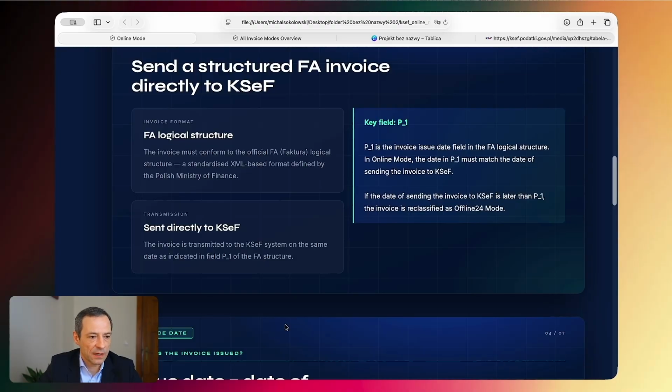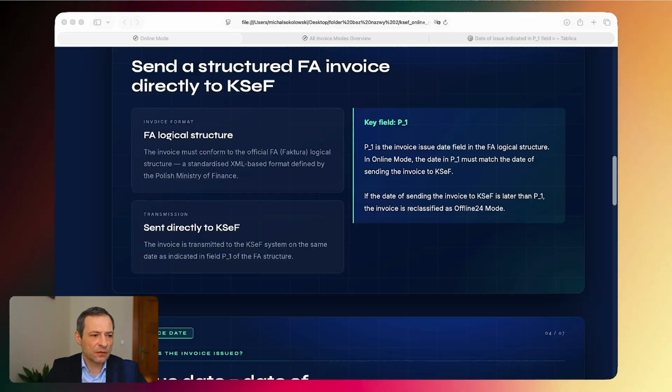FA3-based file. As far as the information that has to be indicated on the invoice is concerned, the introduction of the Polish National Electronic Invoicing System introduced one additional field, one additional piece of information, namely the number assigned by the Polish National Electronic Invoicing System.